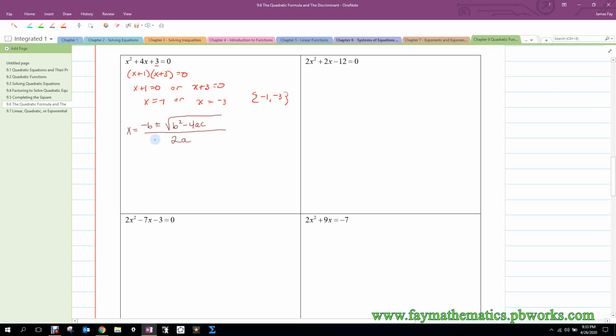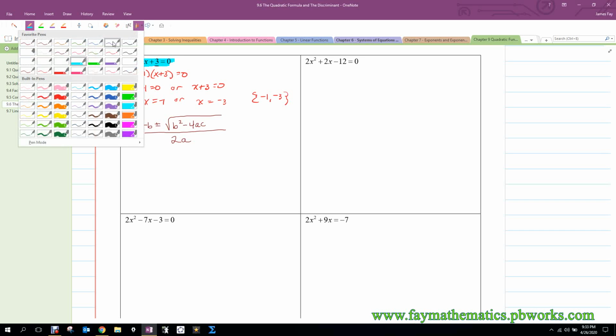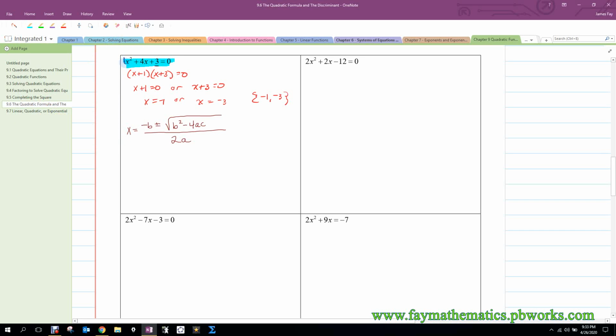That's my formula. Now if I come back up here to that thing right there, I have to identify what a, b, and c are. So a is that coefficient, so a is 1. B is that coefficient, so b is 4. And c is 3.